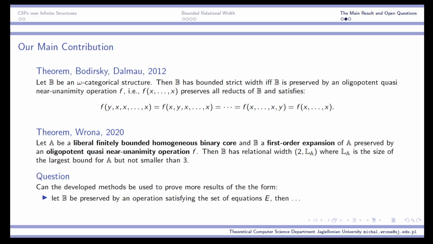And we can also ask if the developed methods can be used to prove some more results of the form: let B be preserved by an operation satisfying the set of equations E when something happens. Of course, we have some more requirements here, like liberal binary core, first order expansions, but the whole proof is basically very much based on this very general assumption that we have only a polymorphism, and this is what we need to solve the tractability conjecture, right?